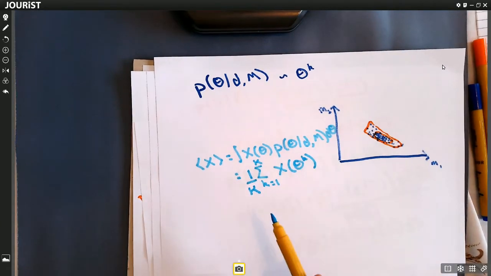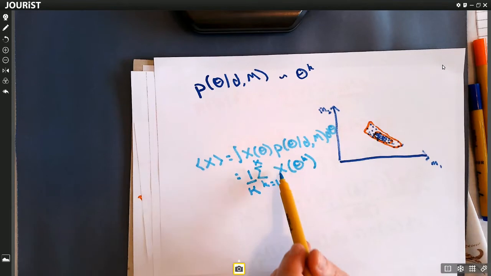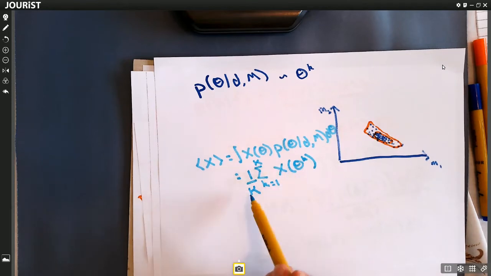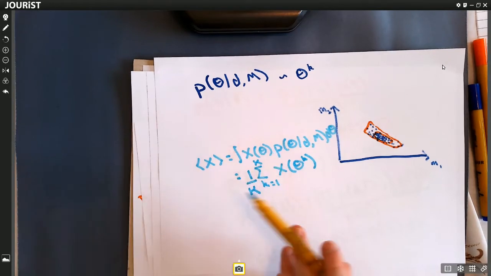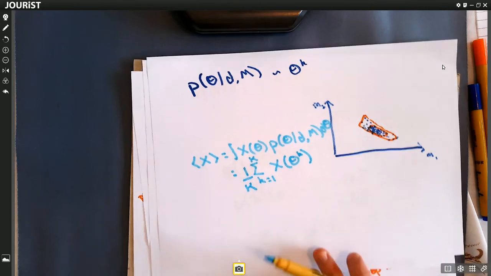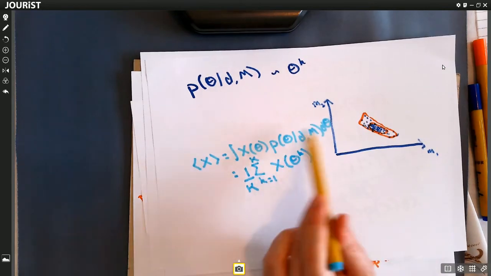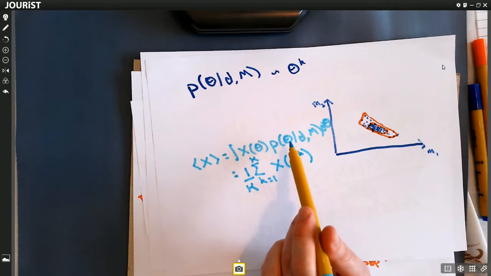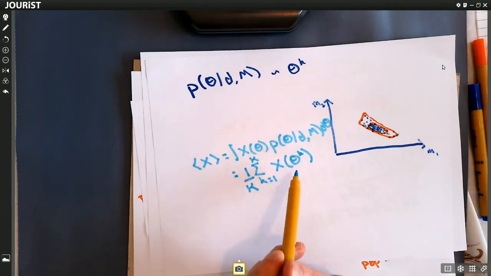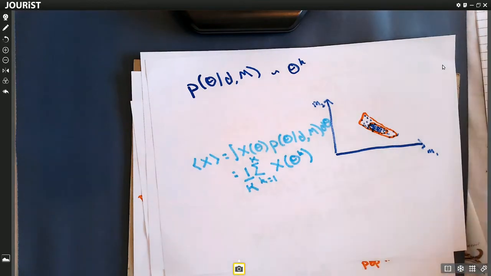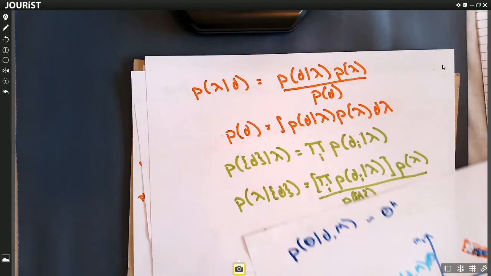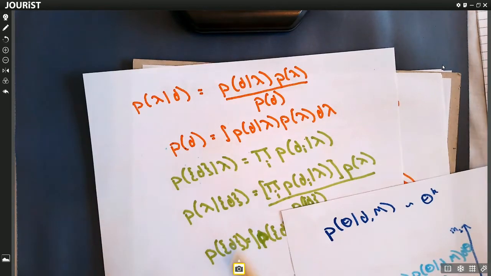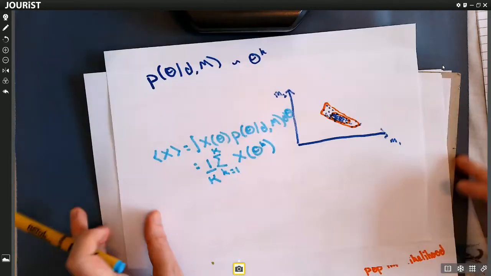So for our expectation value, we just add up all the values of x we have and divide by the total number. Hopefully that's fairly familiar. This is entirely equivalent to the integral. This means whenever we have an integral over a posterior, we can replace it with a sum over posterior samples. And this helps because we can replace some of the terms we need to calculate for our population inference with sums over posterior samples.